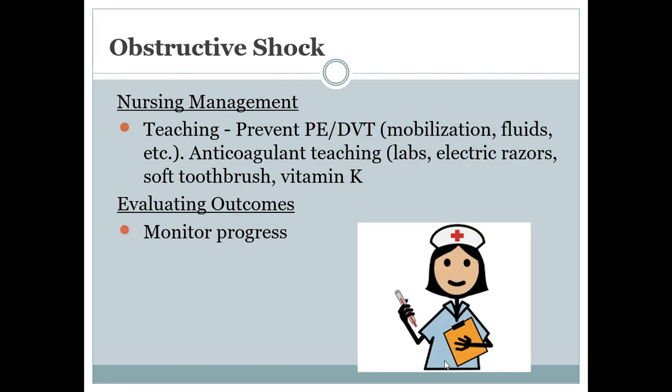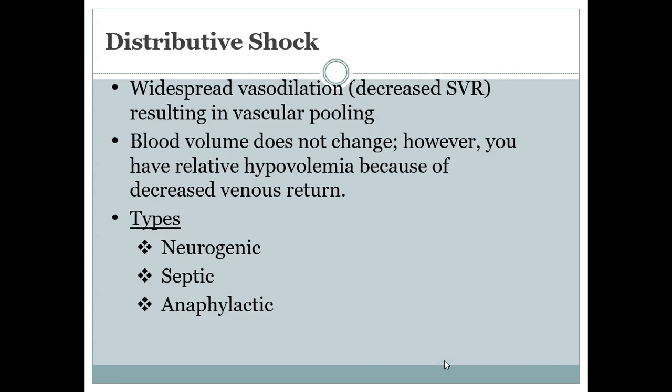For teaching, we'll want to teach prevention of a PE or DVT if that's a cause, mobilization, fluids. We'll want to do maybe some anticoagulant teaching if that's the cause, such as labs, electric razors, soft toothbrush, and vitamin K. And then we would just want to monitor the progress.